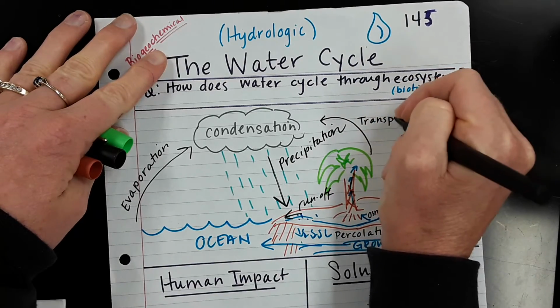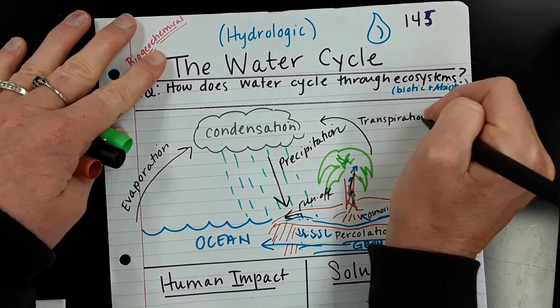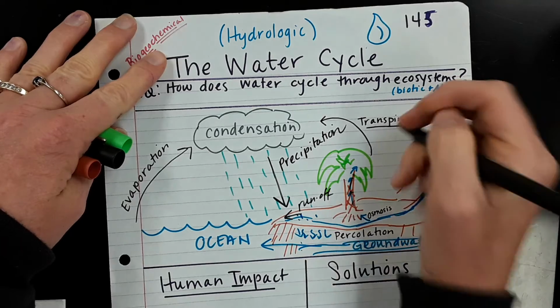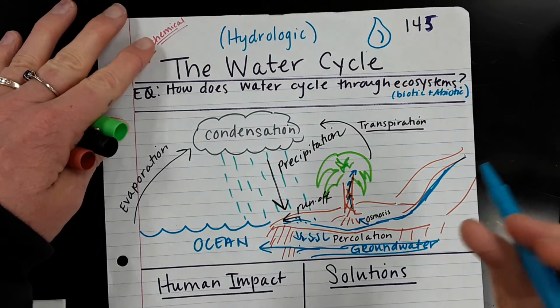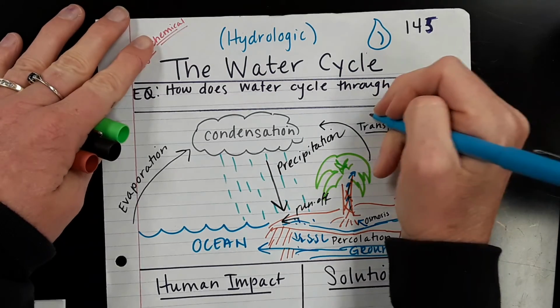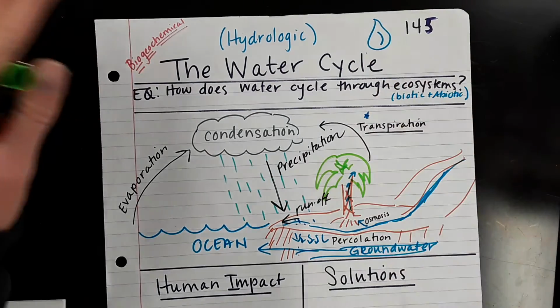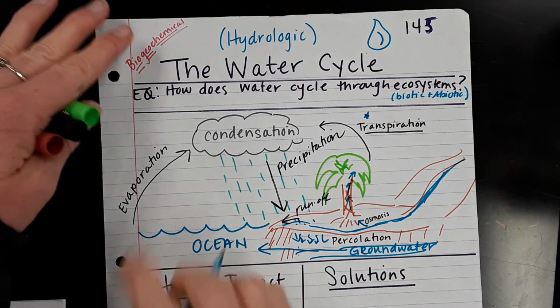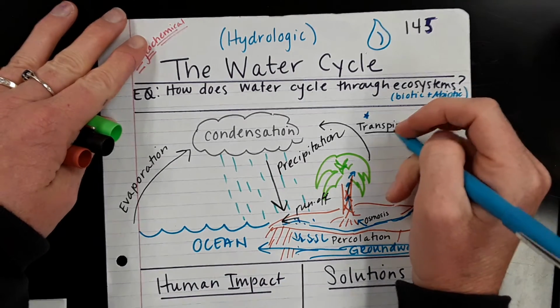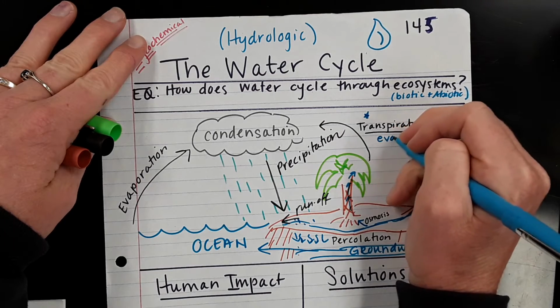Now, transpiration is a word that is like new in the high school science standards compared to middle school. So your middle school teachers may have taught you this already, but it's like the new buzzword. So maybe put a star next to that. Maybe that's what they test on the EOC, but still read the questions critically just in case it is something simple like evaporation. So this is evaporation.